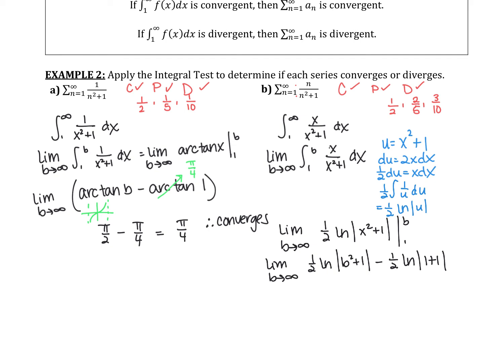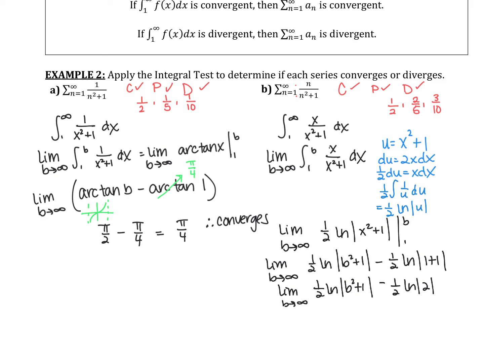Okay, so this piece I get negative 1/2 the natural log of 2. I don't really need the absolute value in that case. But I'm still taking the limit as b approaches infinity of 1/2 times the natural log of the absolute value of b squared plus 1. Here's the problem. If I plug in infinity to the natural log, what do I get? Eventually I get infinity.